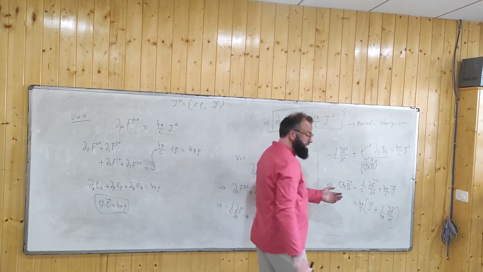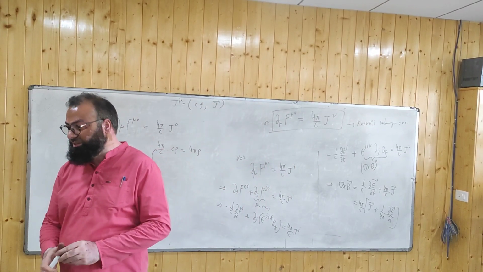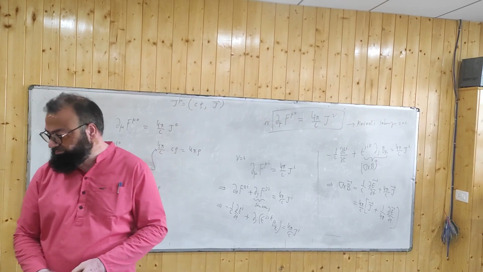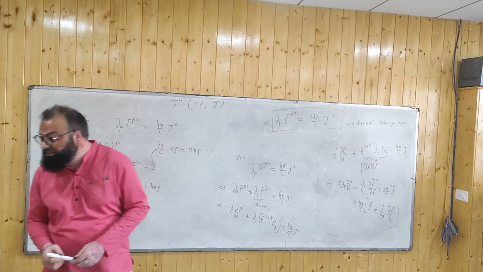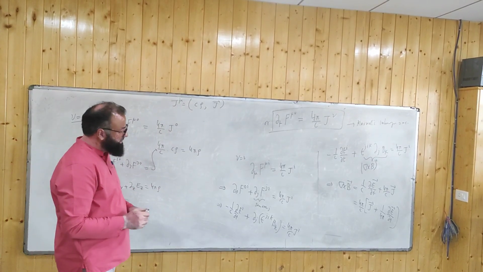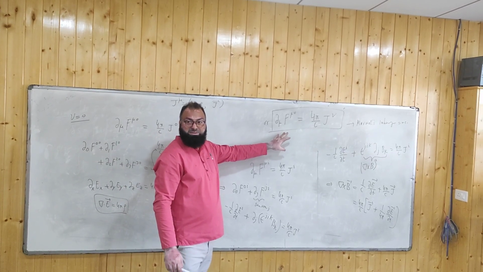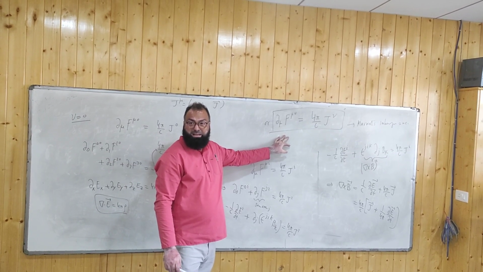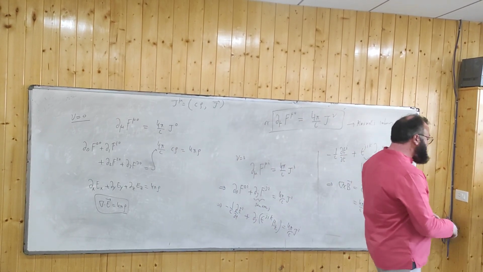So what is this equation? Ampere-Maxwell's law. It is again the inhomogeneous differential equation. True? Clear? So now this gives me two differential equations, two Maxwell's equations. So this represents the inhomogeneous part of Maxwell's equations.